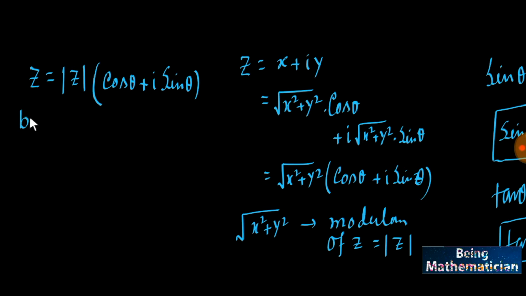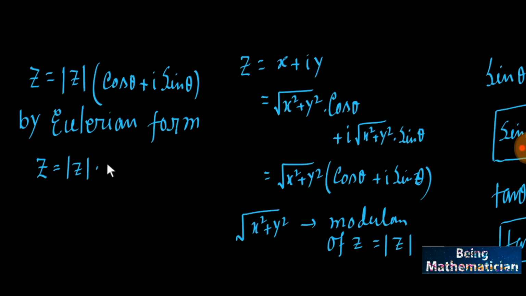Now, by Euler's form, we can write z equal to mod z into e to the power i theta, since by Euler's form e to the power i theta is cos theta plus i sin theta.